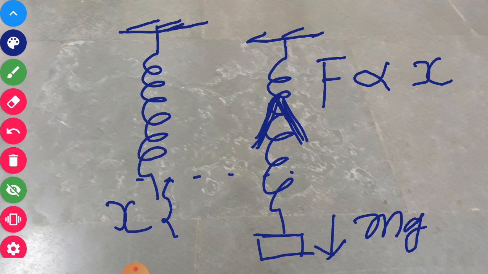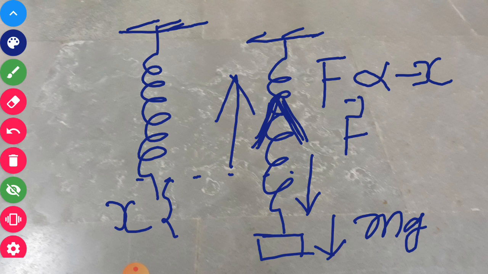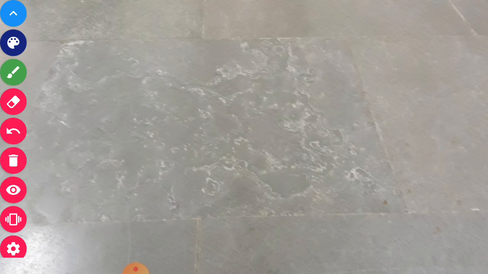Now this force is opposite to the extension, that is why we keep a minus sign. The extension is in the downward direction, this restoring force is in the upward direction, and if you put the constant here, then this force F is equal to minus kx. Here k is called the force constant of the spring. So this is the restoring force produced in the spring.